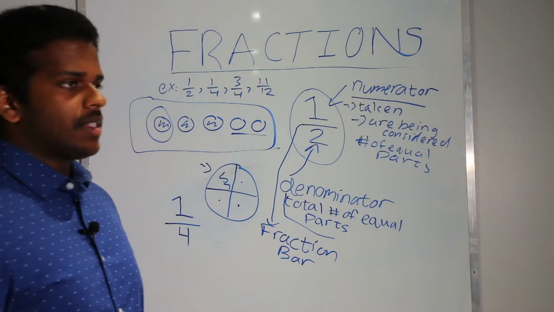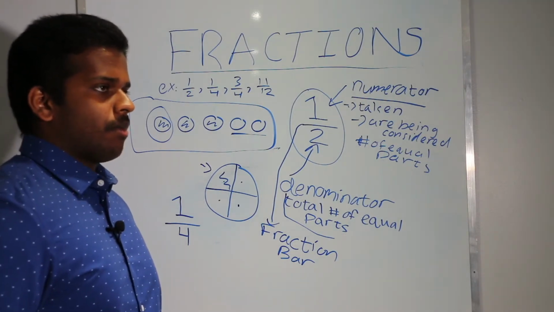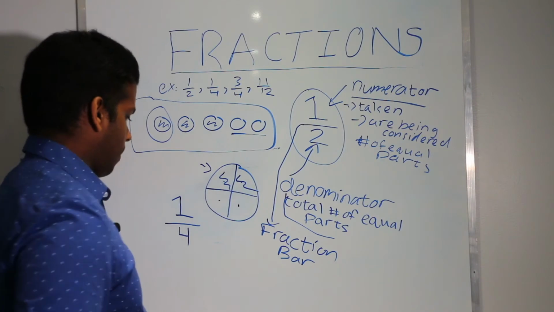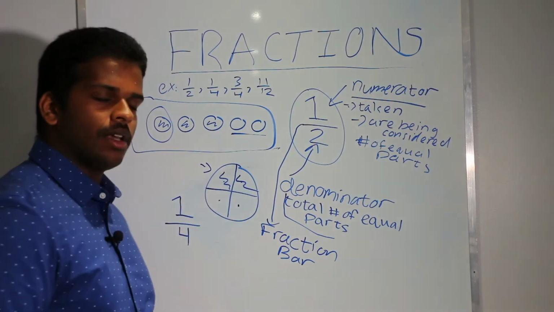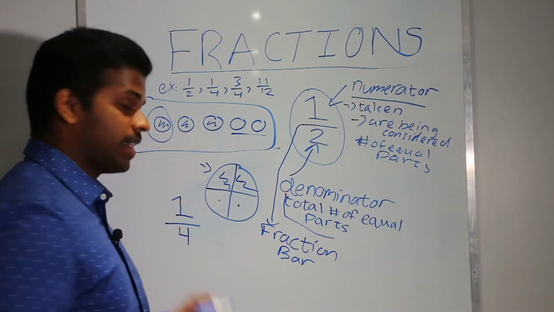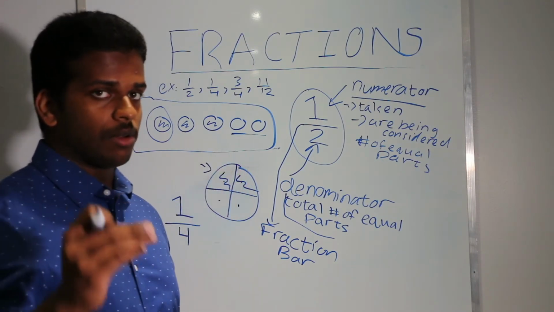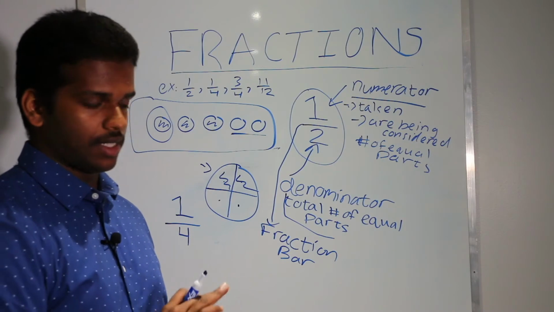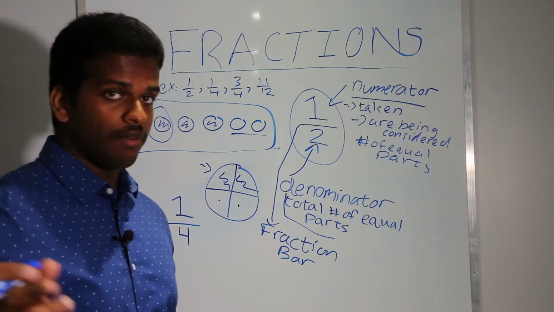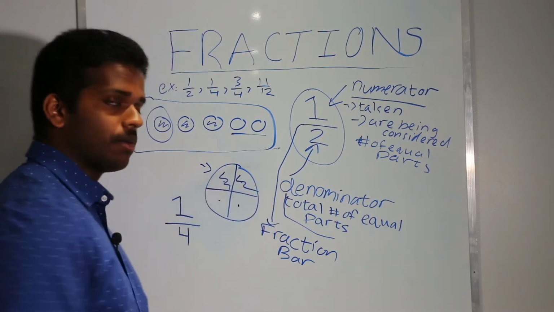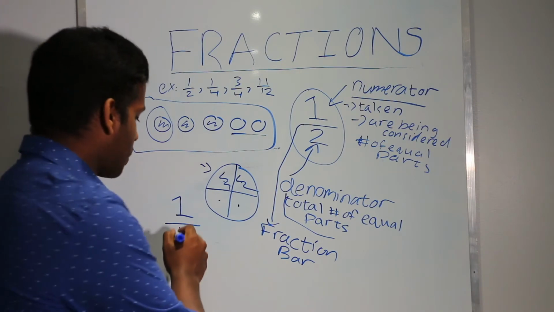And then, for example, let's just say that your mom also eats that slice. The denominator would stay the same, since we're dealing with the same question, and the number of equal parts, the number of slices, is still the same. But if the number of slices were different, like 8 instead of 4, then the denominator would also change.